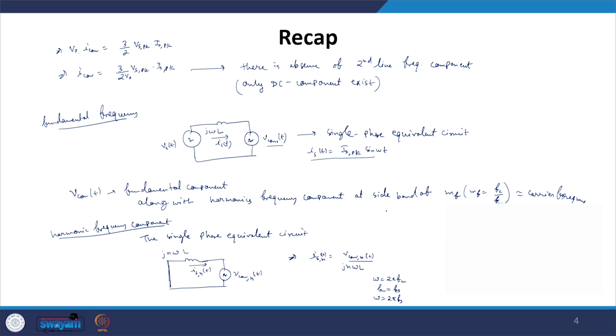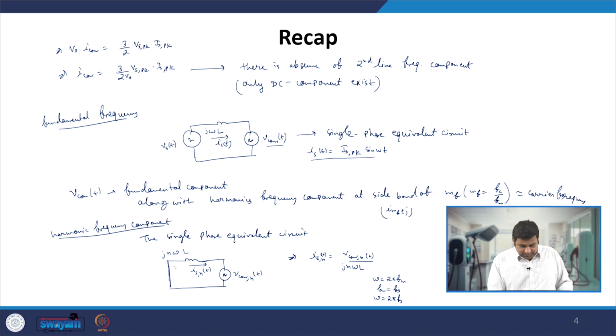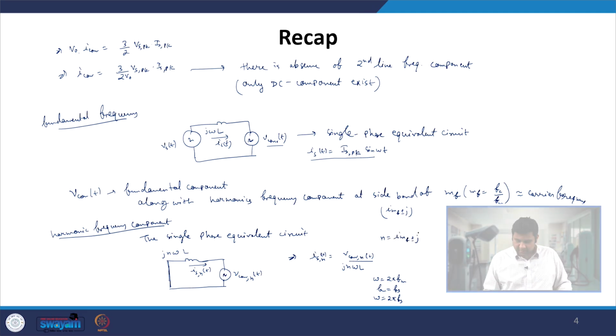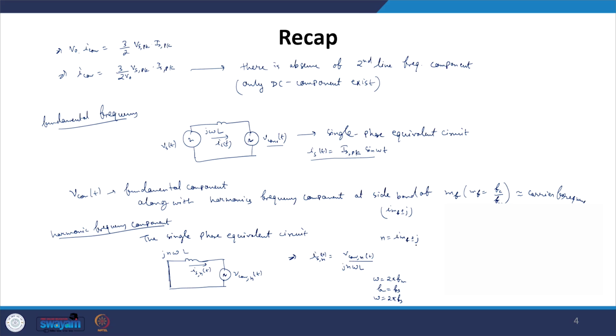More precisely, it will be at i mF plus or minus j, where those are the harmonic numbers. So here n is nothing but i mF plus or minus j, where j is again an odd or even number, and this j corresponds to the square root of minus 1.